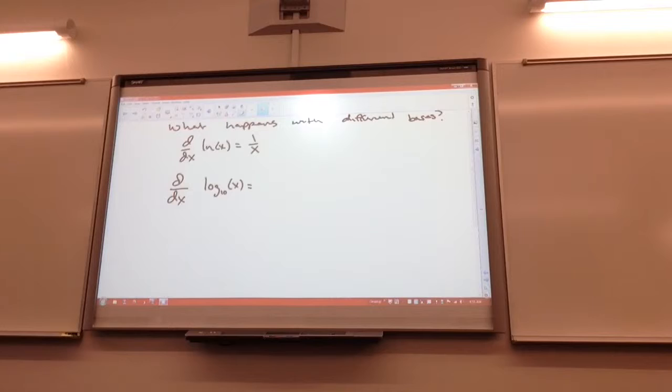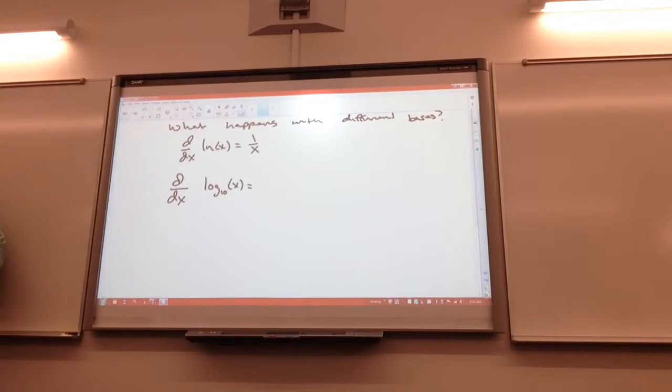Now, how would I normally do that? Anybody remember? What property of logarithms lets me change the base of something? The change of base formula. What does that look like, Tate? It's log of x over log of 10.